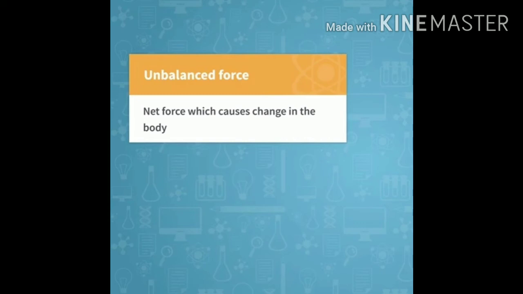So, in whichever direction the object is getting greater force, the object will start moving in that particular direction. Suppose you are pulling a heavy box from one side, and you ask your friend to apply the same force from the other direction. There won't be any movement for the heavy box.